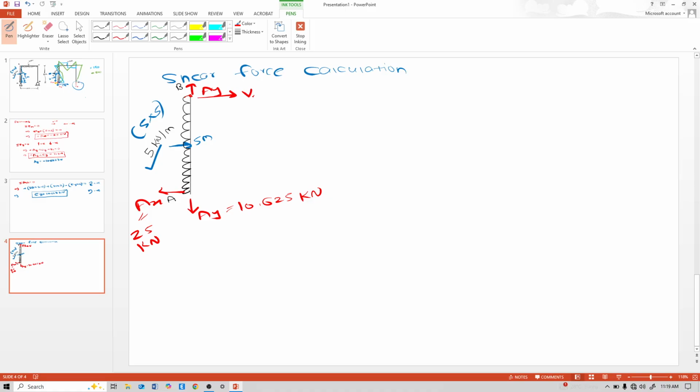Let's consider this as Vx, and we need to find the moment also. Just see this beam like a horizontal beam. This is point A, this is point B, this is AX vertical, this is AY axial load, this downward is Vx.